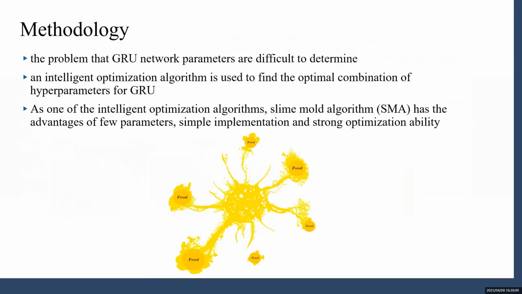As one of the intelligent optimization algorithms, the slime mould algorithm, SMA, has the advantages of few parameters, simple implementation, and strong optimization ability. So we select SMA to optimize the hyperparameters of neural networks.